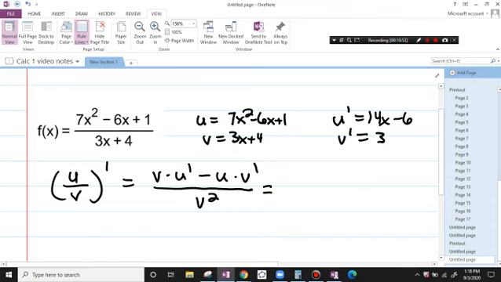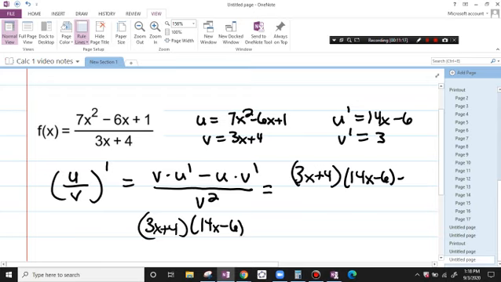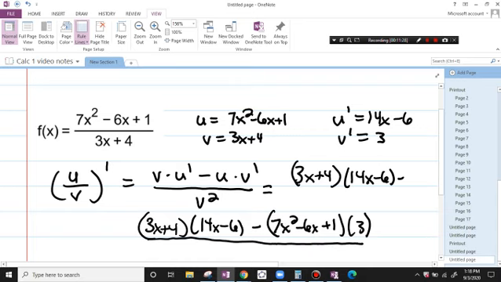And so then it's v, 3x plus 4, times u prime, which is 14x minus 6, minus u, which is 7x squared minus 6x plus 1, times v prime, which is 3, all over v squared, 3x plus 4 squared.